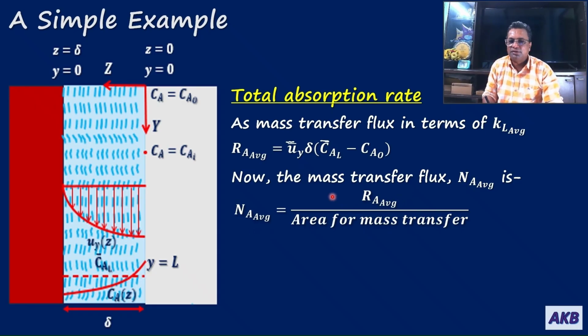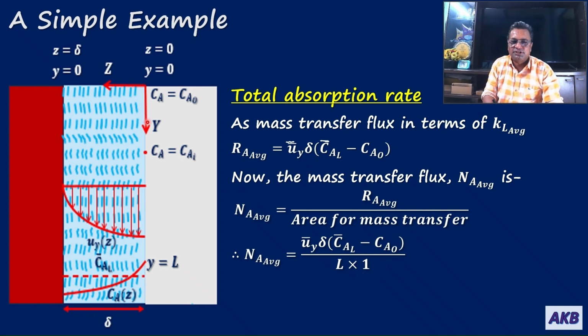So NA average is equal to U y bar into delta into CAL bar minus CA0, divided by the area for mass transfer, L into 1.